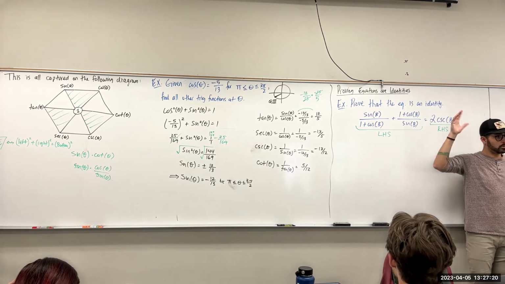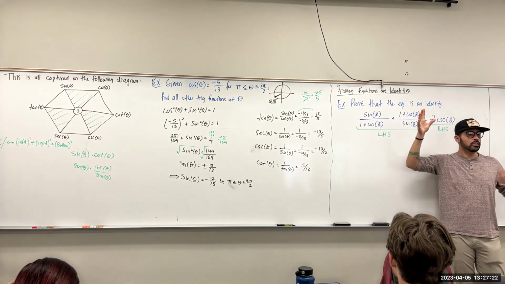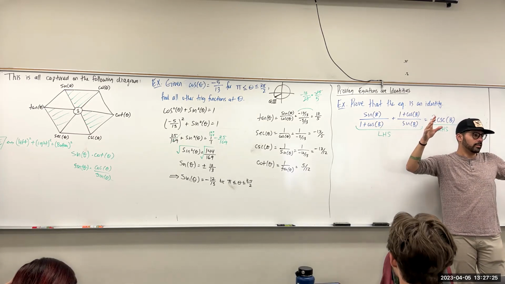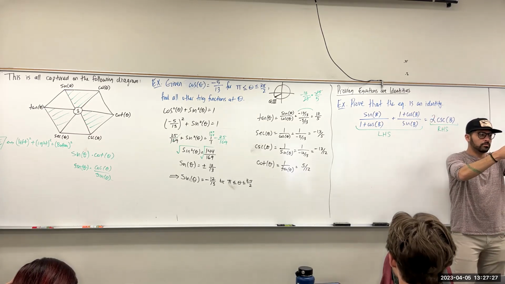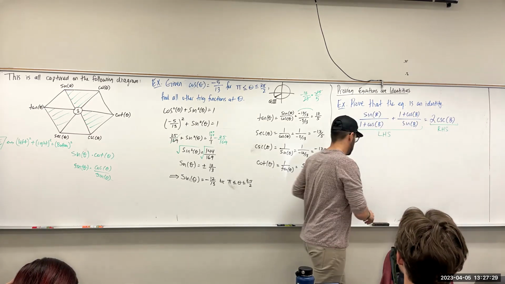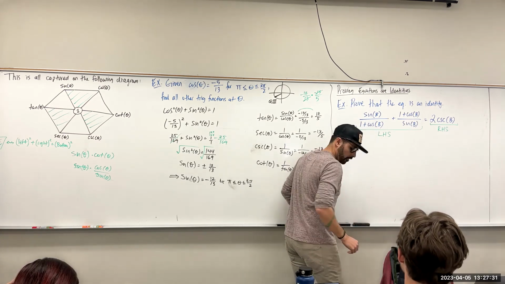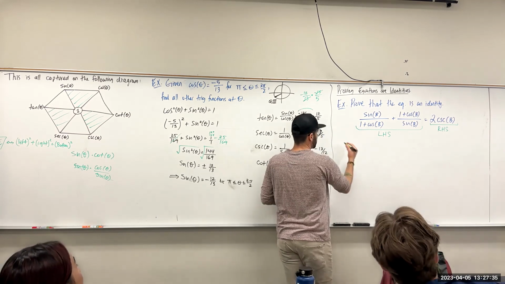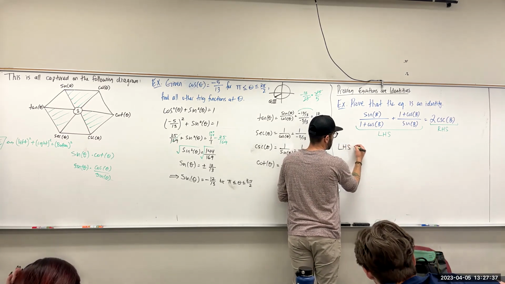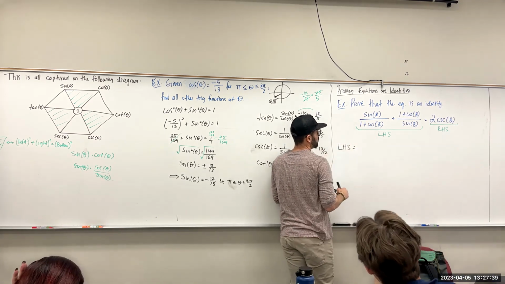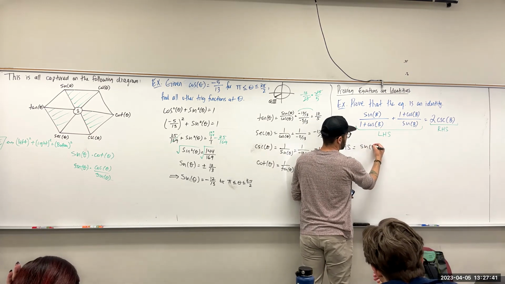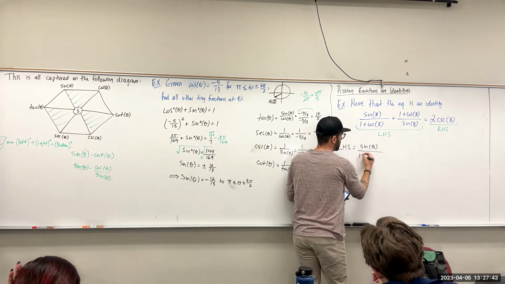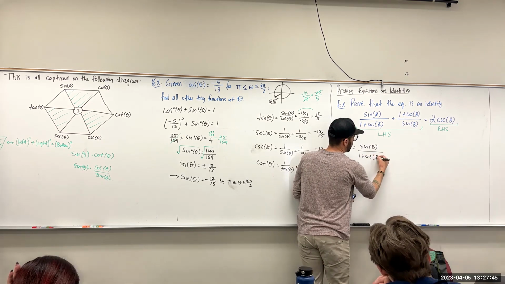You still use the algebra tools, but you're also bringing in trig identities. That's why these are hard, because it's a combination of both. So I'm going to start with the left-hand side, which is this whole thing here. You don't have to rewrite it, but I'm going to rewrite it to show you the flow.